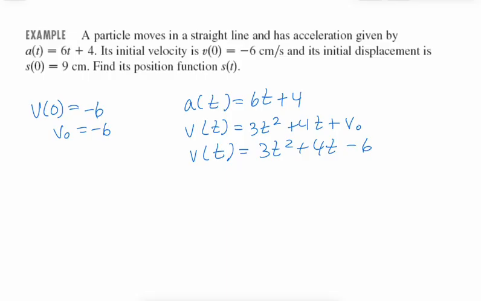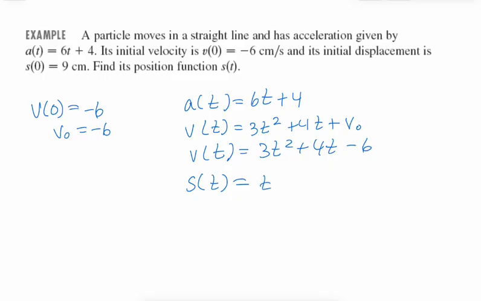But I want its position function because I want to find its position at any particular time in space. So I need to go backwards one more time. So now I'm going to do the position function. Okay. So now we're going to do the antiderivative one more time. So now it would be 3t to the third divided by 3.